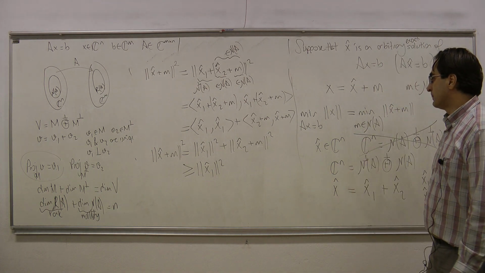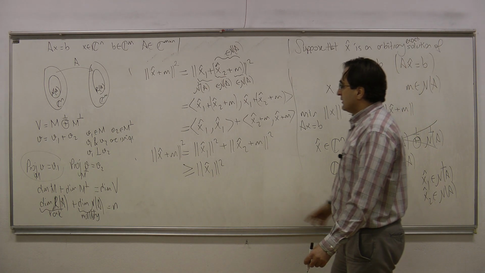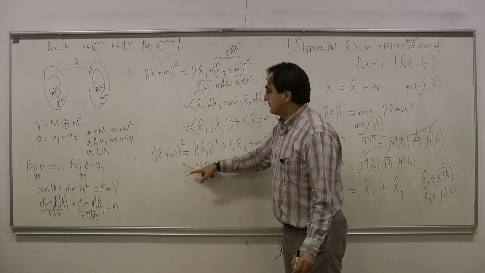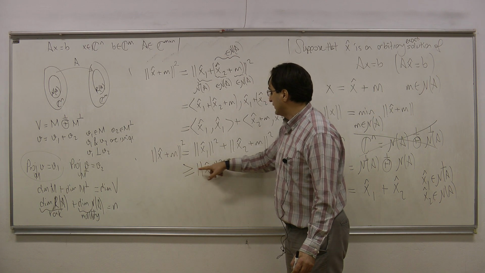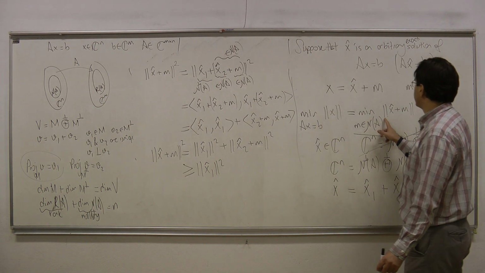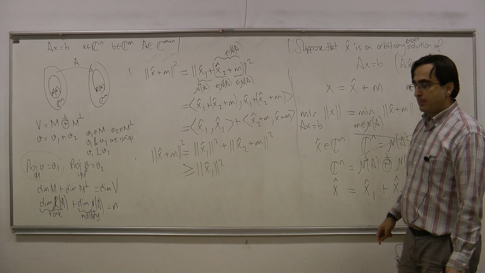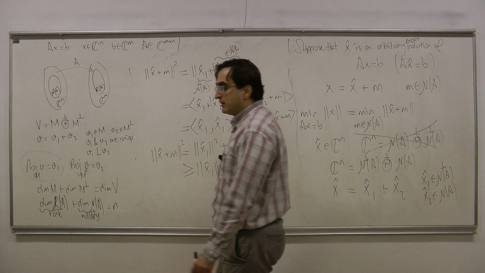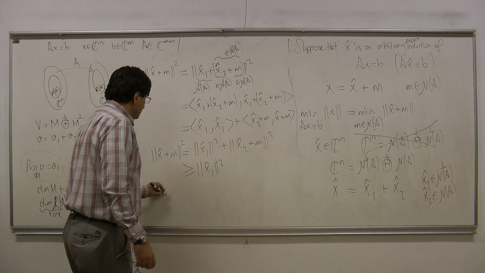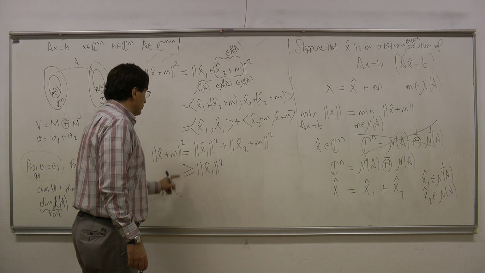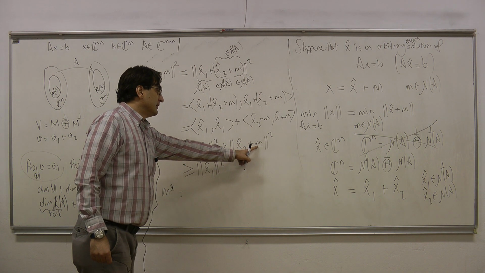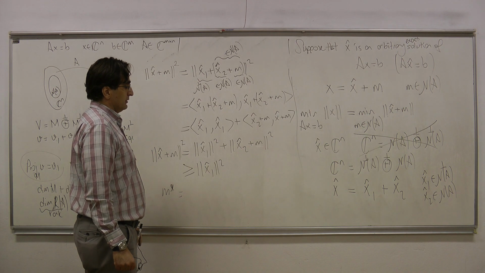All right? Now the question is, can I make this inequality an equality by choosing an m inside null space of A? Okay? That is going to be my optimal m, which is going to be m star.